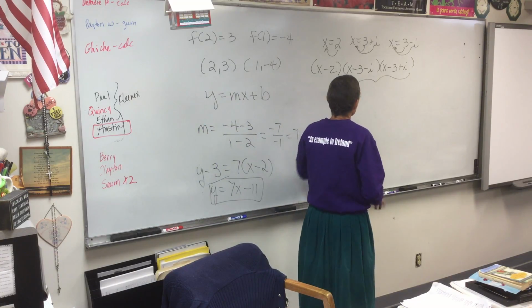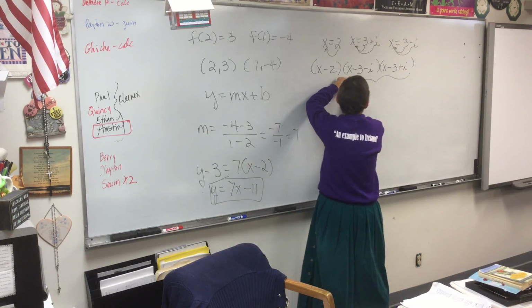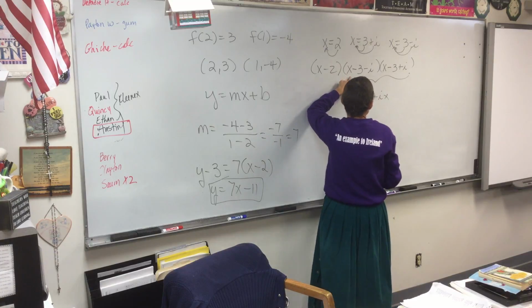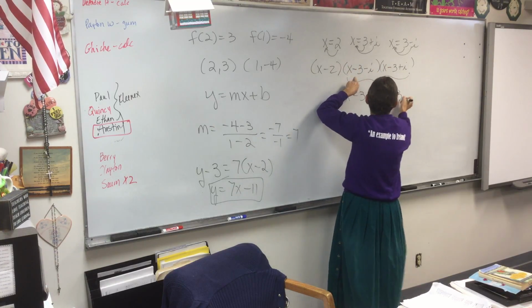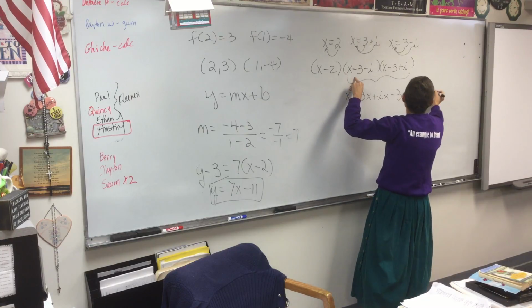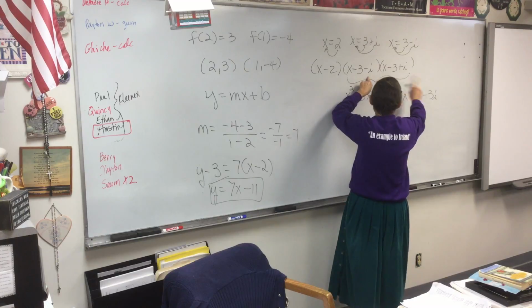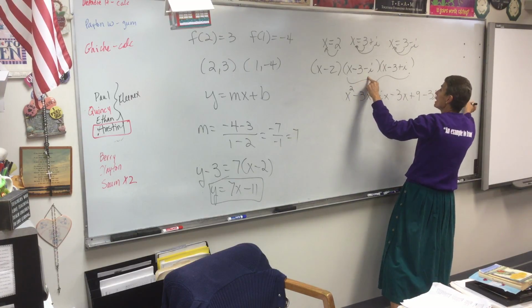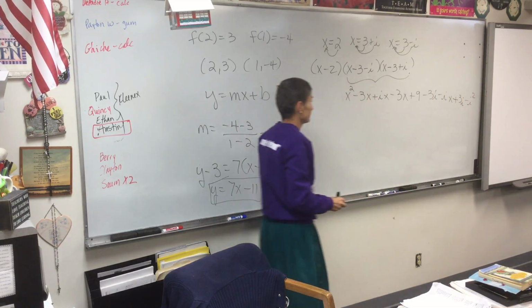My personal style is I take x times all of those, so I get x squared minus 3x plus ix. And then I move over here and I take this times all those, minus 3x plus 9 minus 3i. And then I take this times all those, minus ix plus 3i minus i squared. Lots of numbers.